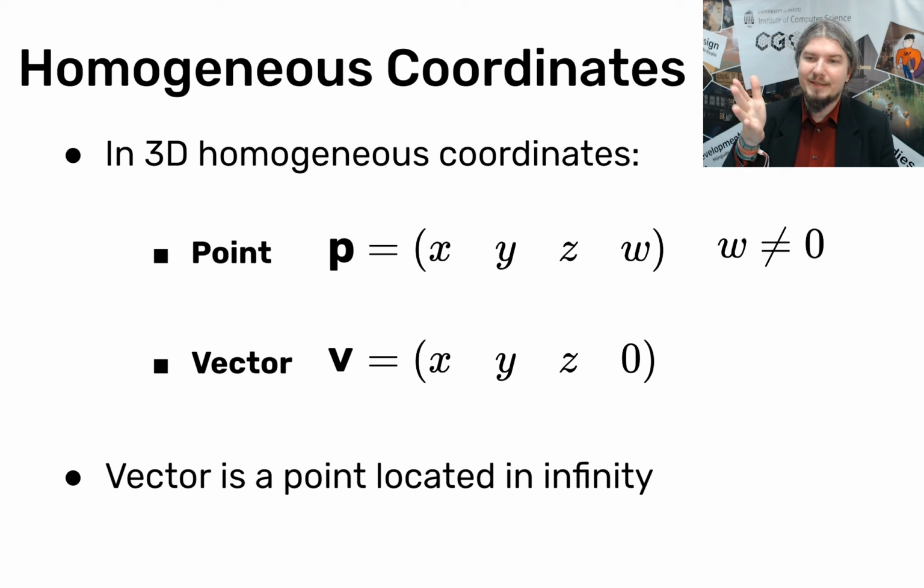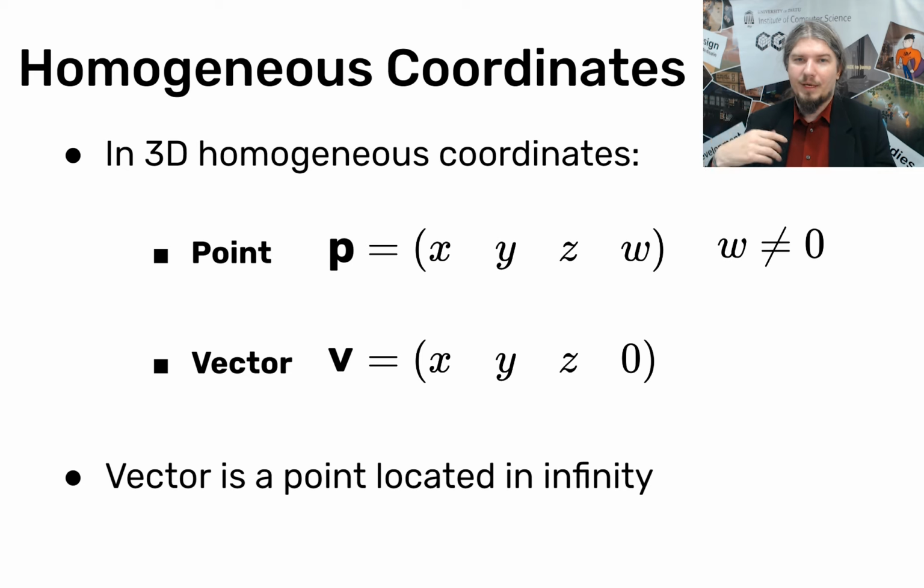Now one more thing. Very often you are supposed to define this 4-dimensional point. So you have x, y, z, and you want to put it into homogeneous coordinates. So what do you put as w? Well, you put 1, because that would be x divided by 1, y divided by 1, z divided by 1, that would be x, y, z. So if you have x, y, z coordinates and you want to represent it in homogeneous notation, and it's a point, then you just put 1 as w, and there it is.